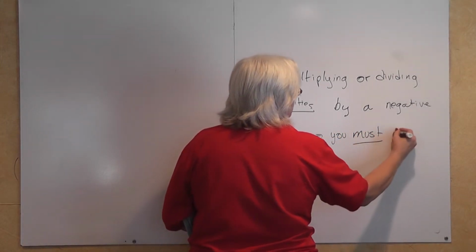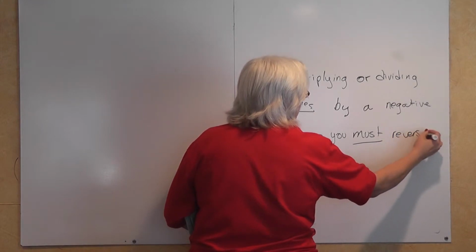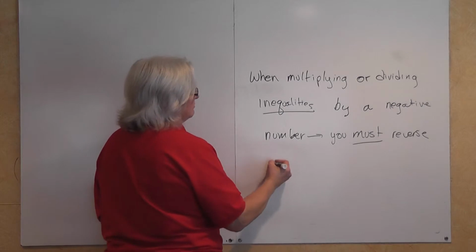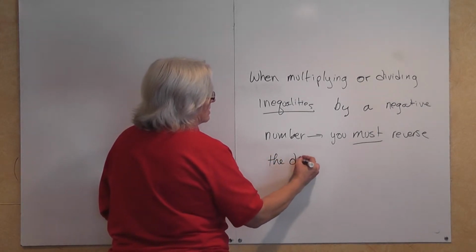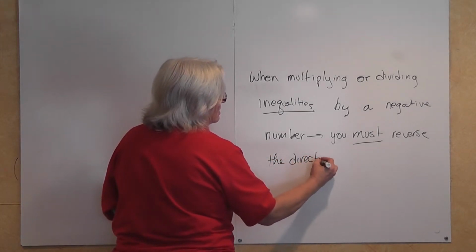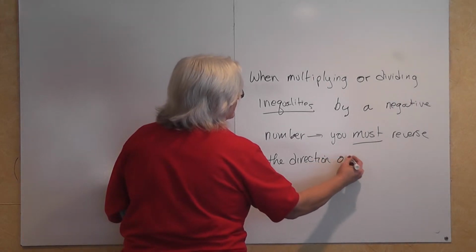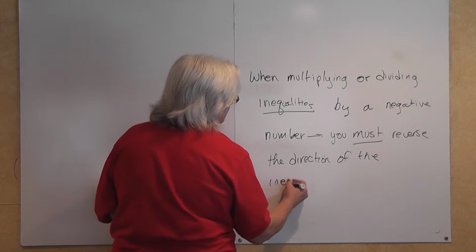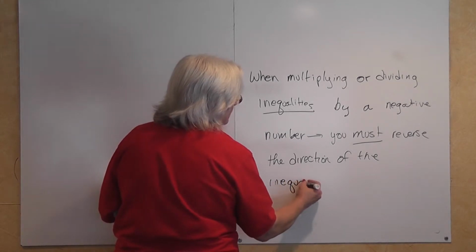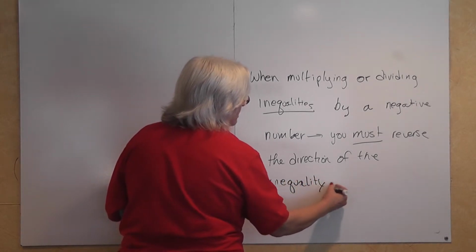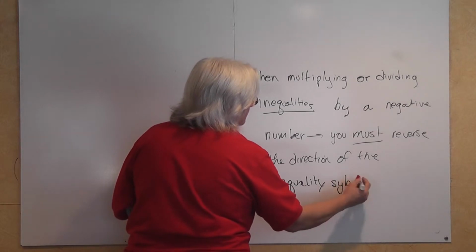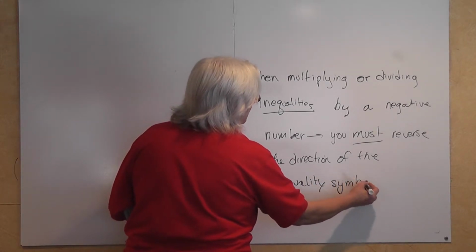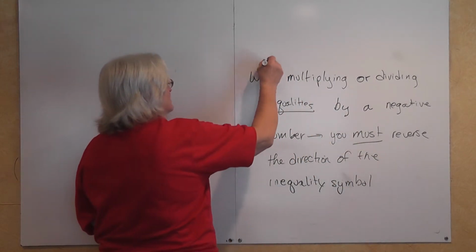You must change the direction of that inequality symbol. Reverse the direction of the inequality symbol. And I need to not drop an M out of my word, out of my spelling.